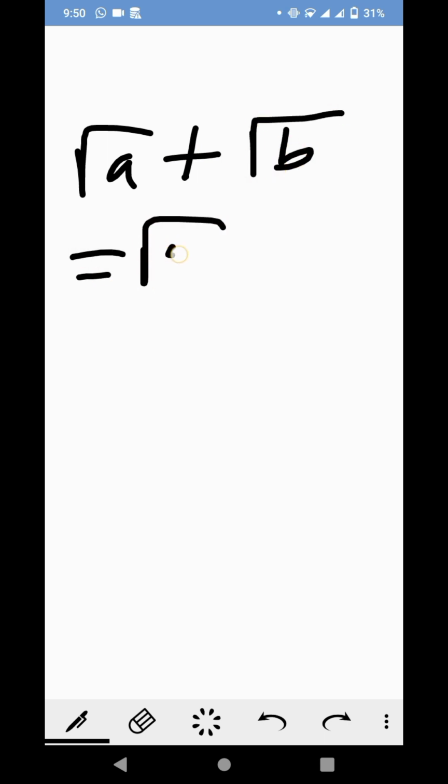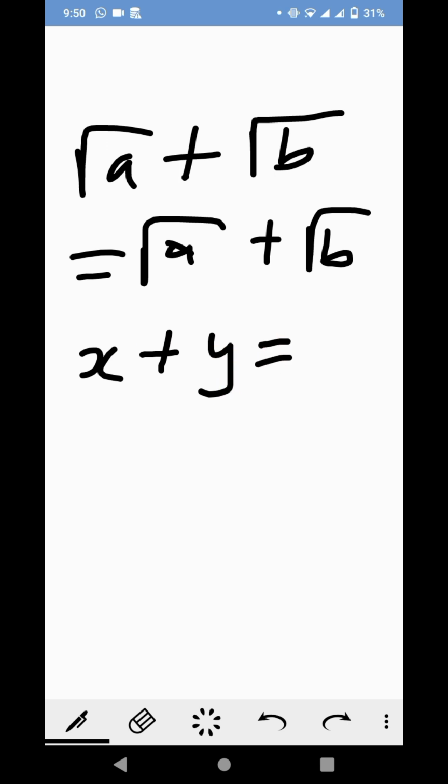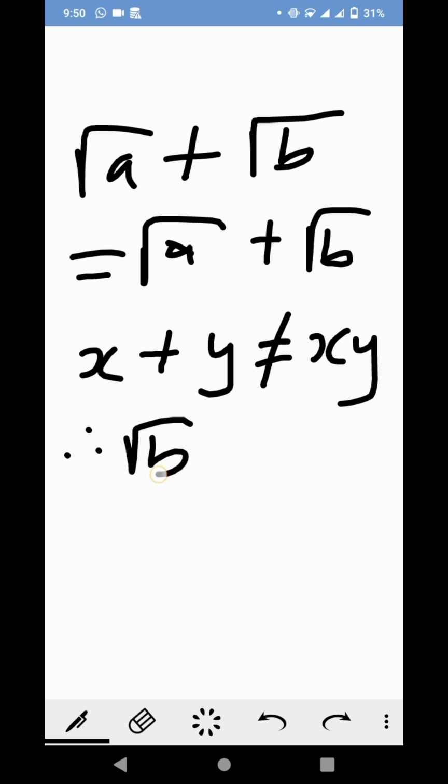Root a plus root b is the same thing as root a plus root b, because they are not like terms. The same way we cannot say x plus y is equal to xy. We can also say that root b plus root c is not equal to root bc.